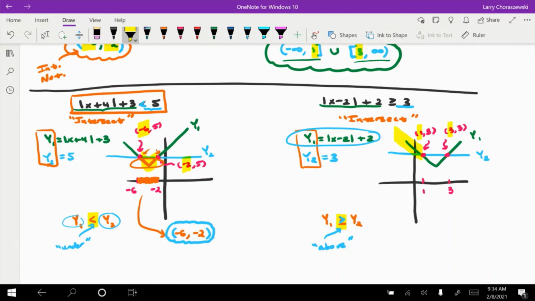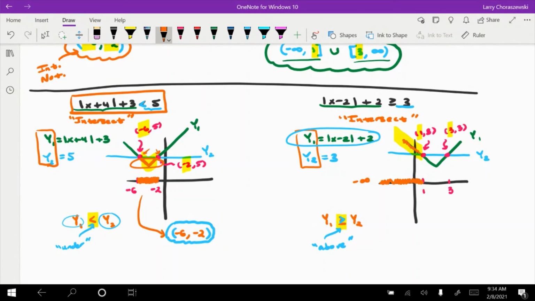Okay, anything to the left of 1 is going to have a piece of the graph of y1 that sits higher than the graph of y2. So that section of the graph will help us identify some of our solutions for x. Namely, the x values that correspond to this piece are those that are between negative infinity and 1 on the x-axis.